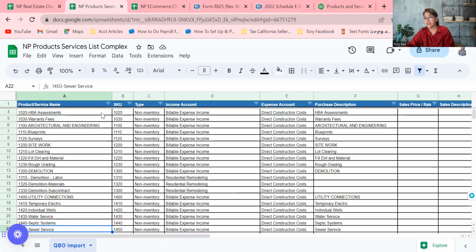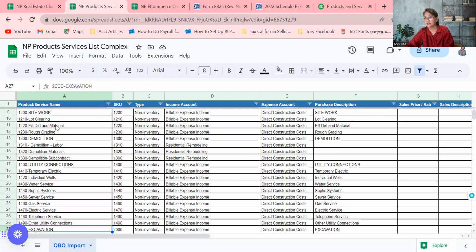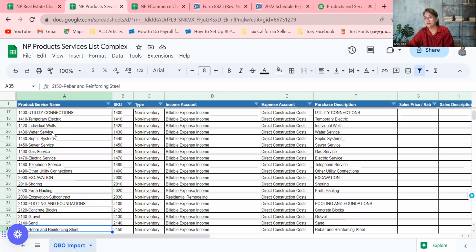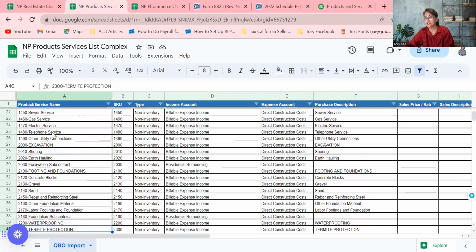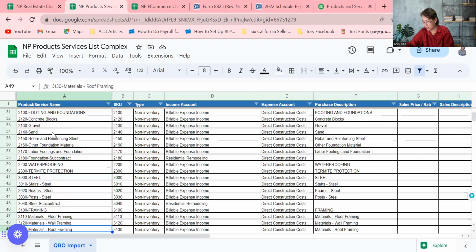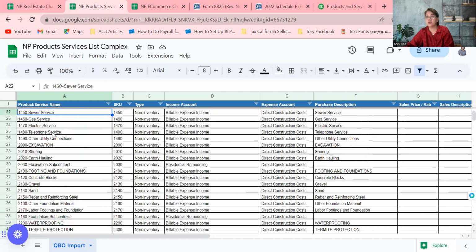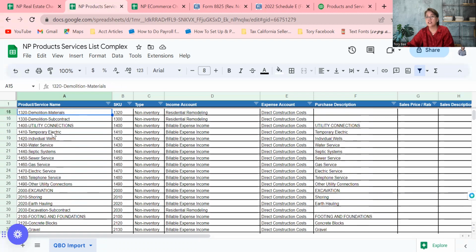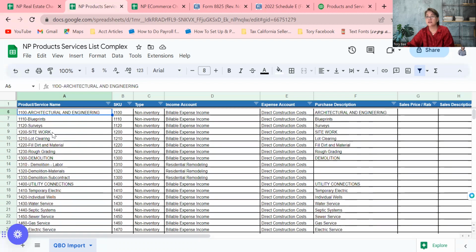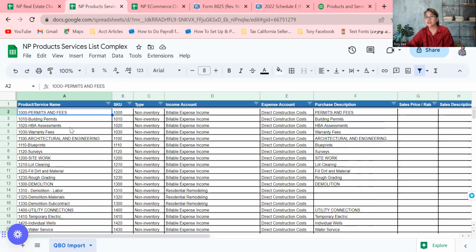The engineers will understand this. Dirt and material, rough grading, septic, excavation, flooring, walling, roofing, everything, cement, steel bars, temporary electric, demolition, because these are the expenses or the activities that are involved in flipping, renovating, improvements.